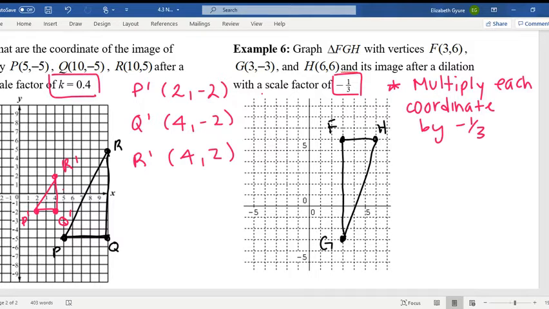If you are using one of these TI-30X IISs, there is a fraction option in here. If you look at the second row, there's a little button that says A and then B/C. Do you guys see it?